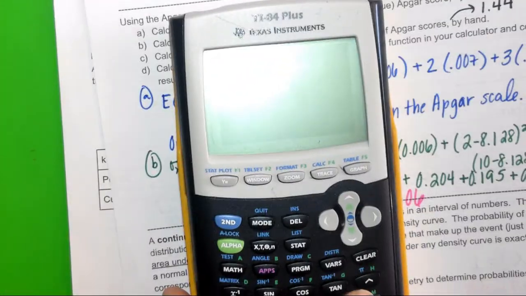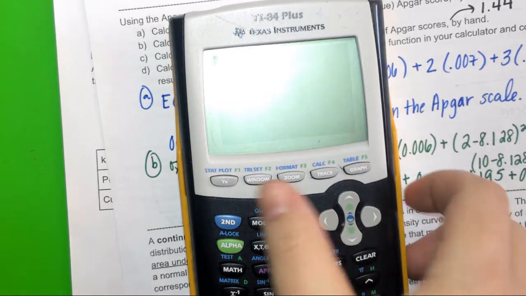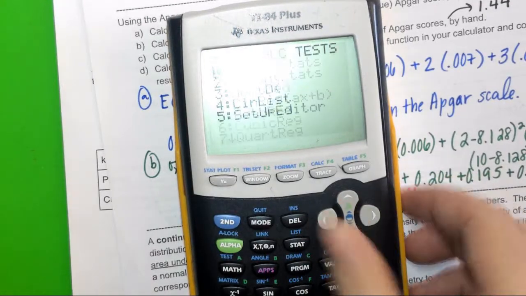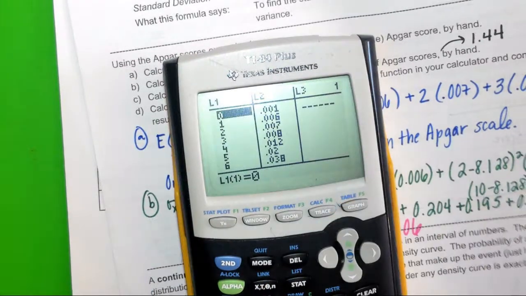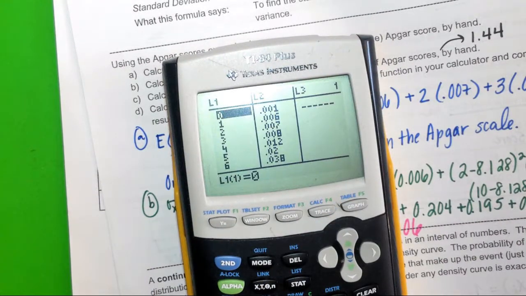So again, if I go to my list, I still have those values of 0 through 10, the options on the APGAR scale. I still have the probabilities of those scores, so like the probability of scoring one is really low. I still have that typed in as well.